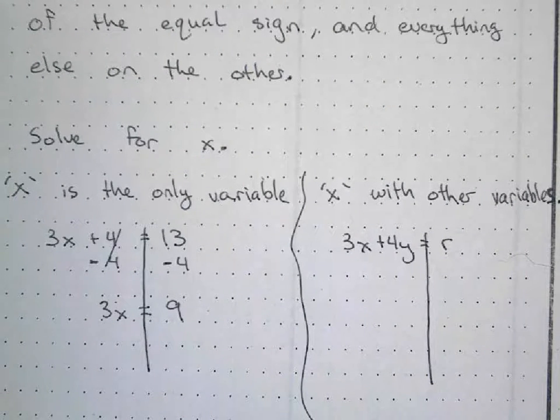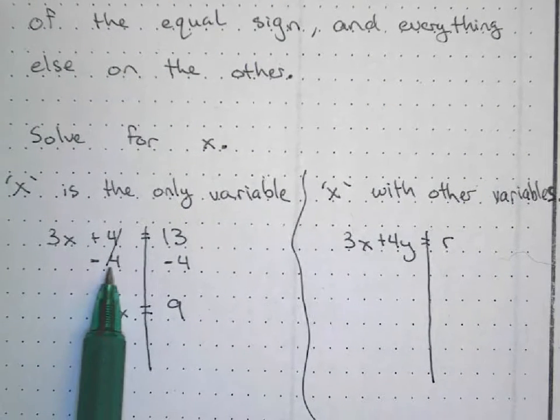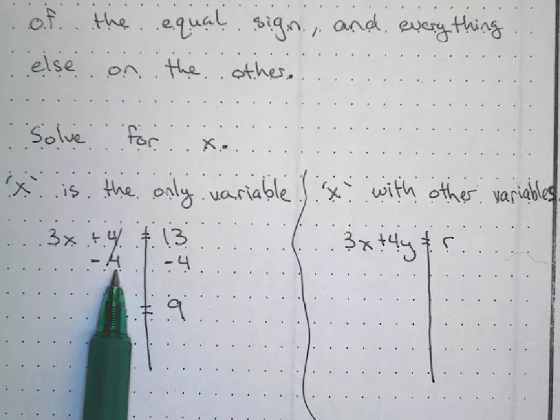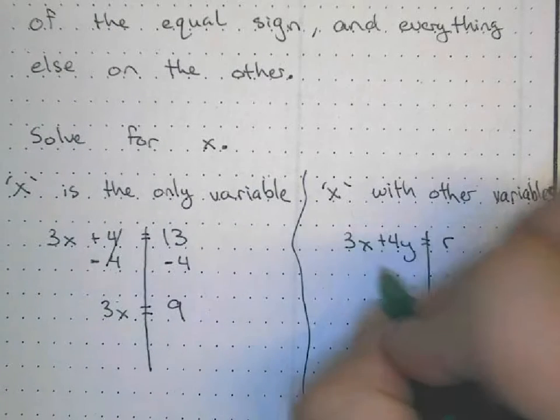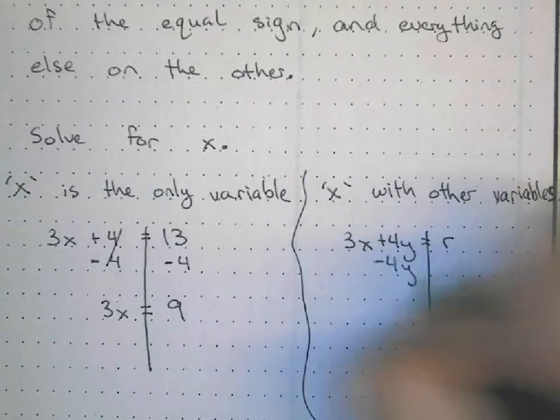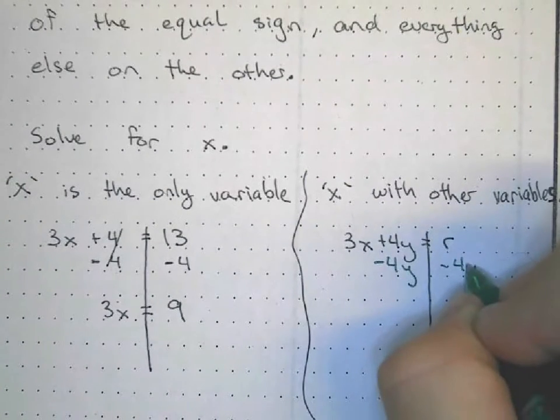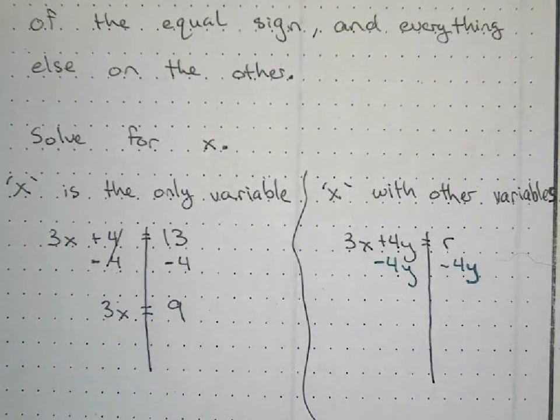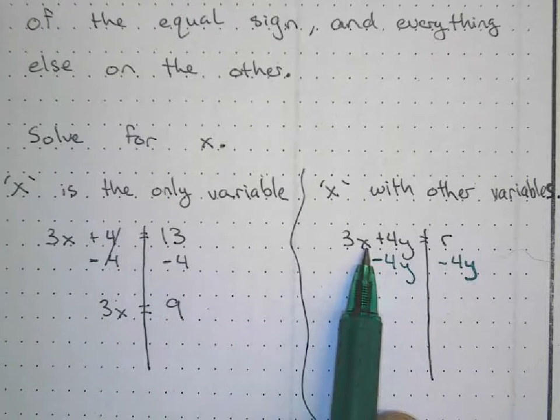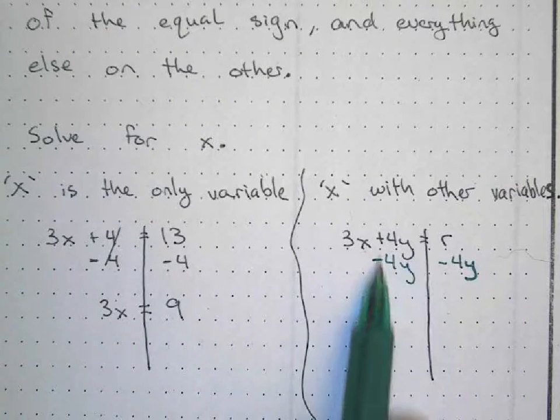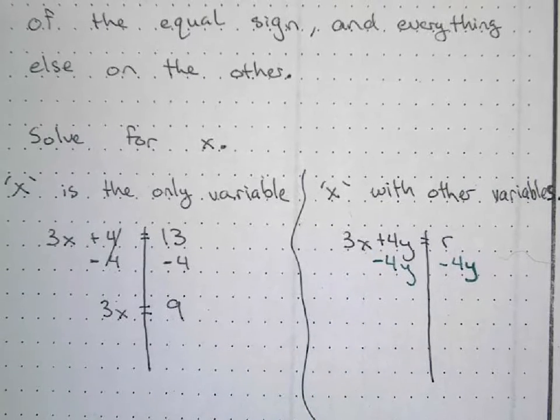Now on my right-hand side, I'm going to follow the same step, but instead of subtracting 4 from both sides, I'm going to subtract 4y. Because my goal is to get that x all by itself. So if I'm trying to get x by itself, then I need to get rid of not just the 4, but the whole 4y. So if I'm adding 4y, then I can subtract 4y.